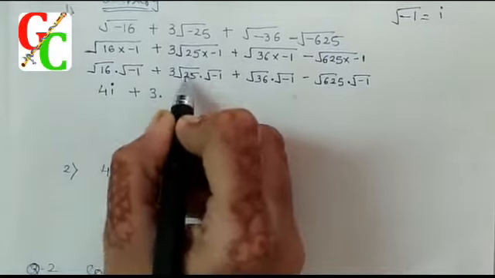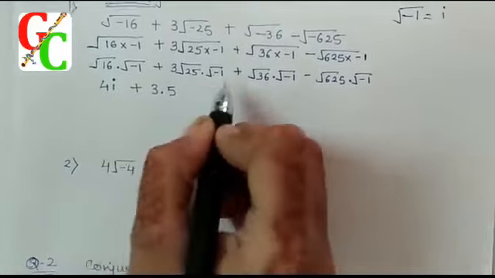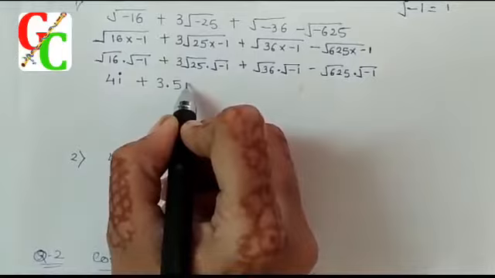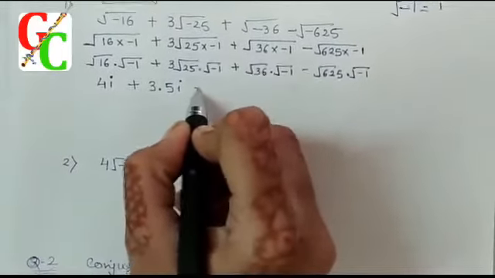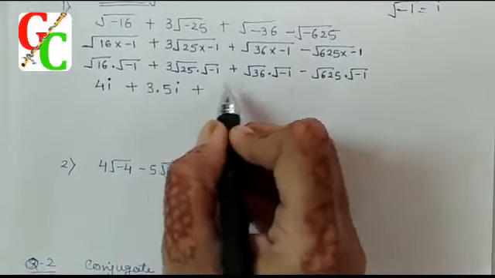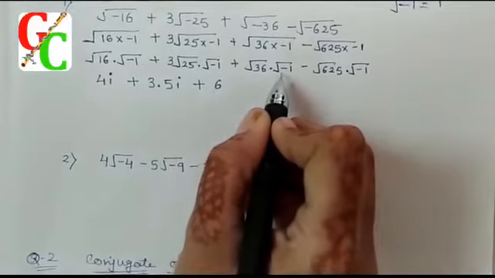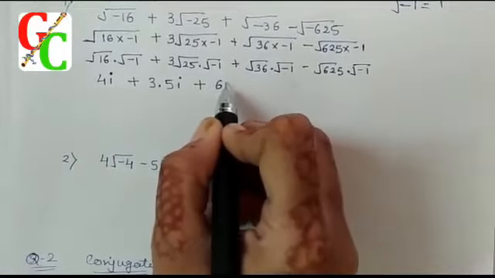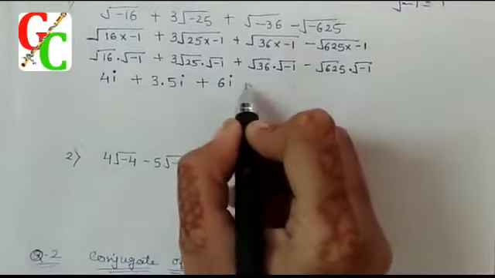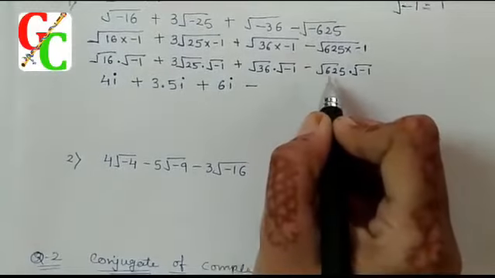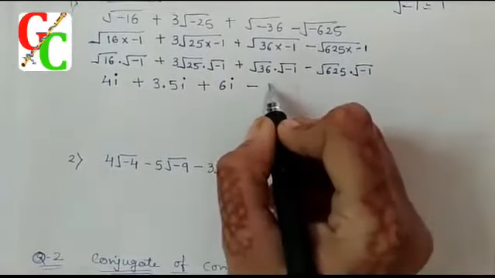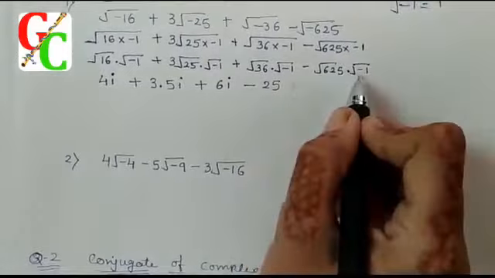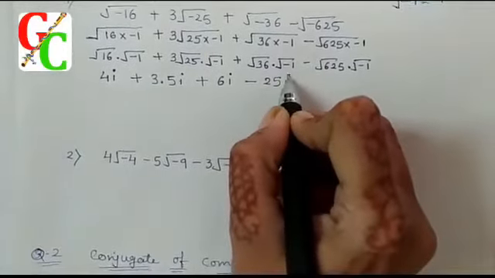The square root of 25 is 5, root minus 1 is i. The square root of 36 is 6, square root of minus 1 is iota. Minus the square root of 625, which is 25, into iota.